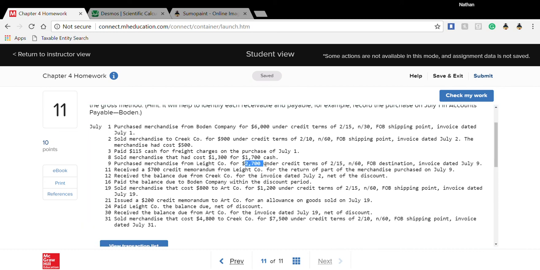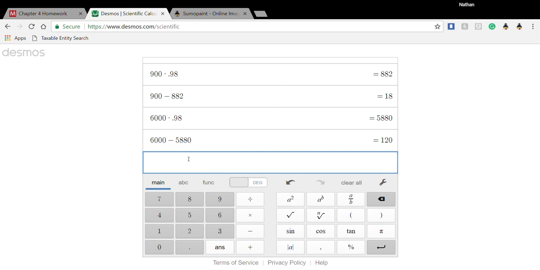First off, it started at $2,700 for the contract, and we have a return of 700. If you want to do the real easy stuff, that's 2,000. But of course, showing on the calculator, their account started with 2,700 minus the 700 equals out to $2,000. Okay. So that's all we owed Lightco.